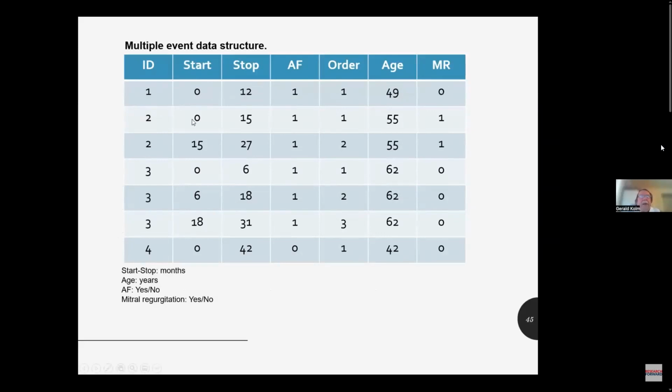Patient 2 here had an event at 15 months, and then at 27 months, they had a second event. So we have an indication here I've called order. So they've had 2 events, and then patient 3 had 3 events, the first at 6 months, then at 18 months, and then at 31 months. And so that's how you organize data when you have multiple events.